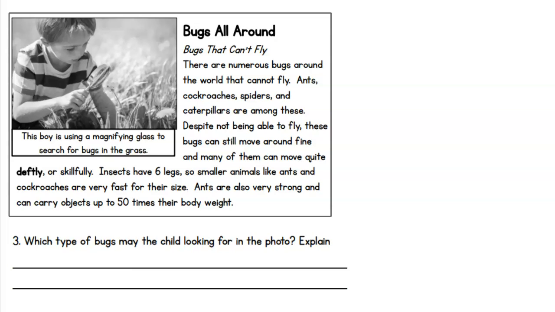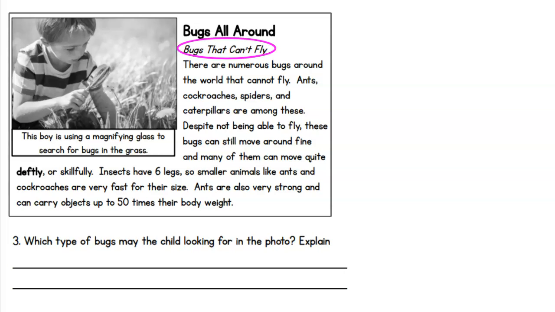Last question here. Which type of bugs may the child be looking for in the photo? They must have missed a word when they were writing that question. That's okay. So in this photo, what kind of bugs do you think the child's looking for? Well, we can use some nonfiction text features to figure it out.